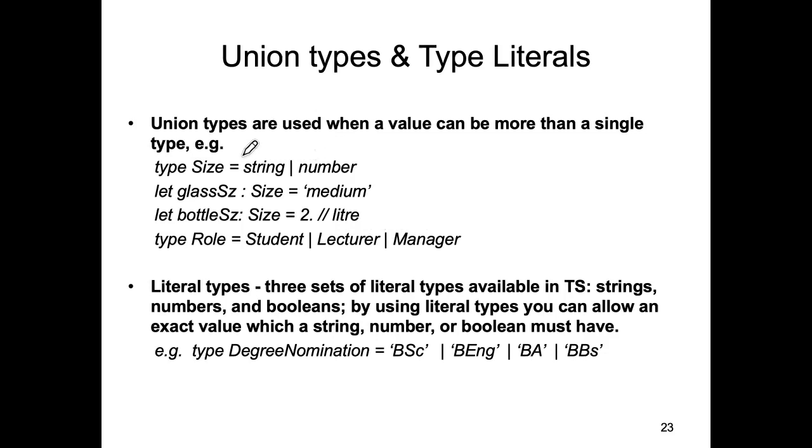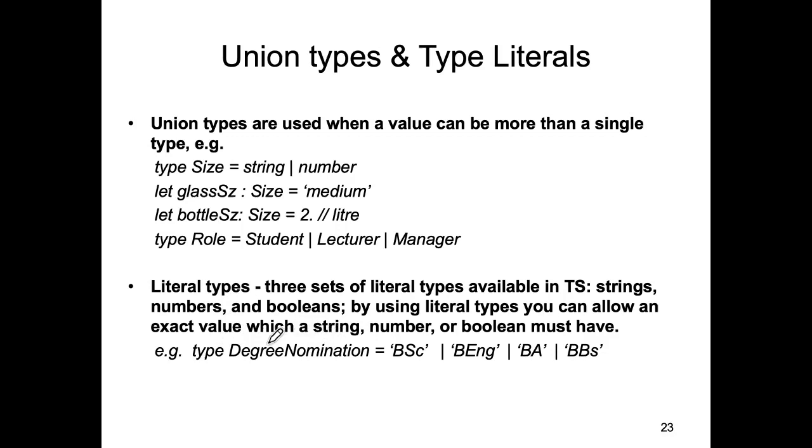So that's union types. Literal types are types where you are constraining the actual values that instances of that type can have. So it's a bit like an enumerated type from other languages. If we look at an example, I'm declaring a type here called degree nomination. This is a type now, not a variable.